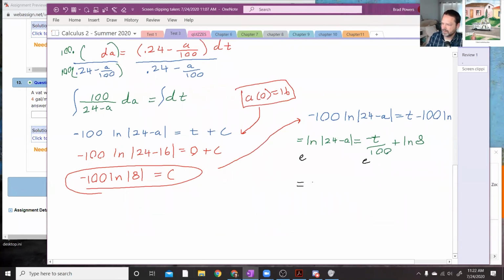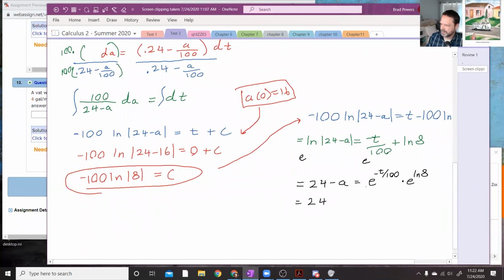Take that out. So we'd have 24 minus a is e to the negative t over 100 times e to the ln of 8, which is 8.